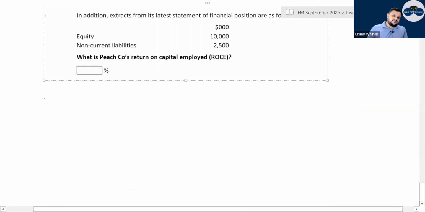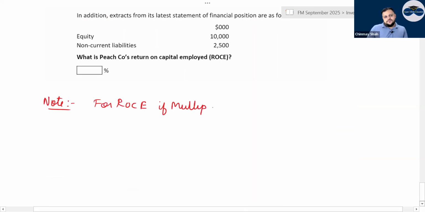Write down a note in your notebook for ROC. If multiple year data given, use average PBIT.